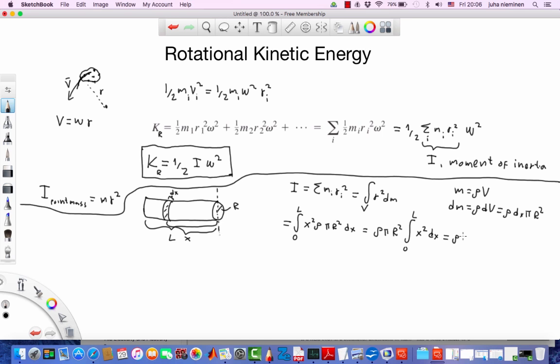And we carry out the integration, so 0 to L, x to the third over 3. And if you place the limits, we only get L to the third minus 0, so rho times pi r squared, L third divided by 3.